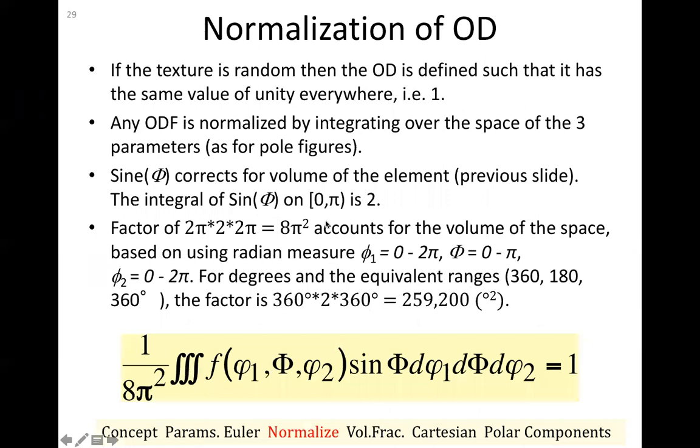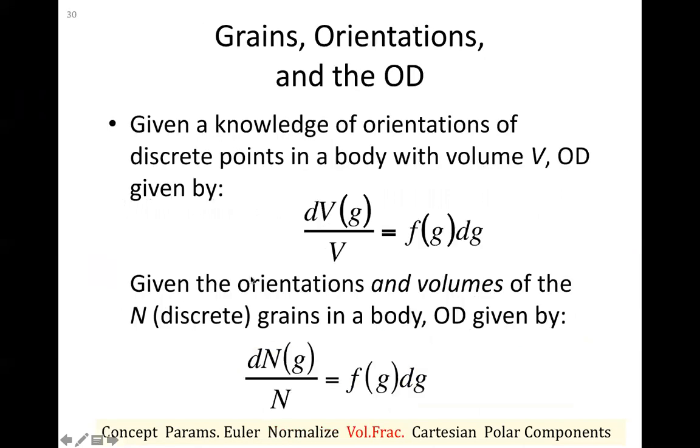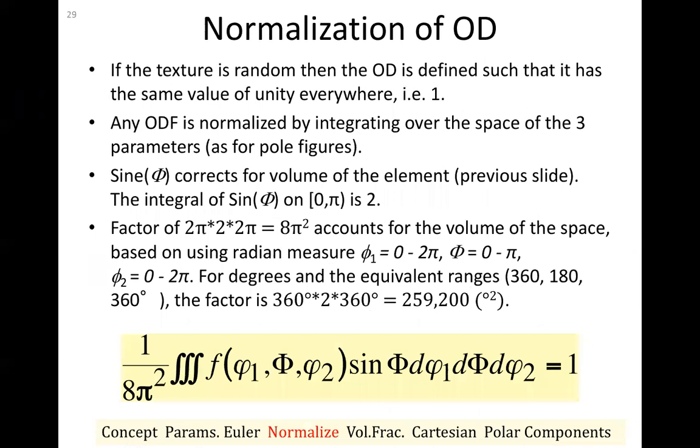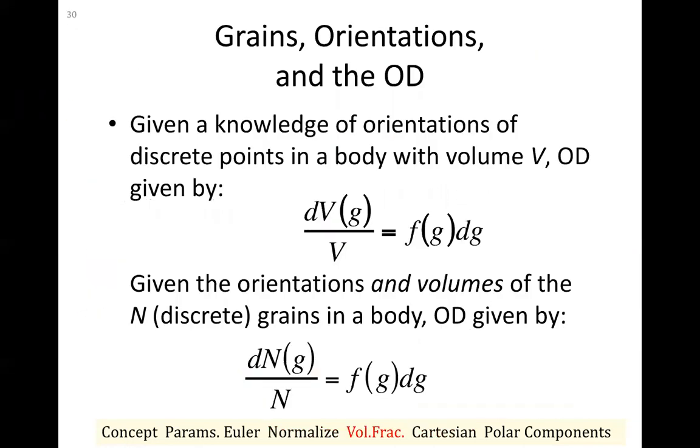Right? And of course, we want to normalize our orientation distribution so that it equals 1. We have to take symmetry into account. I think I took some of that symmetry stuff out for this short example.